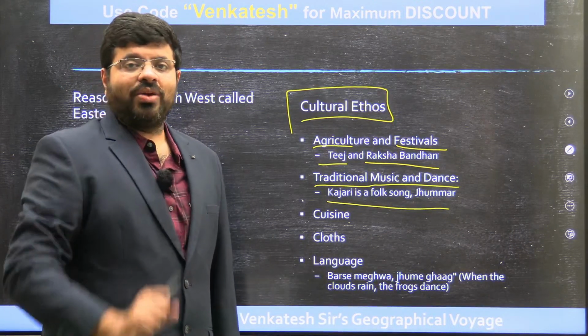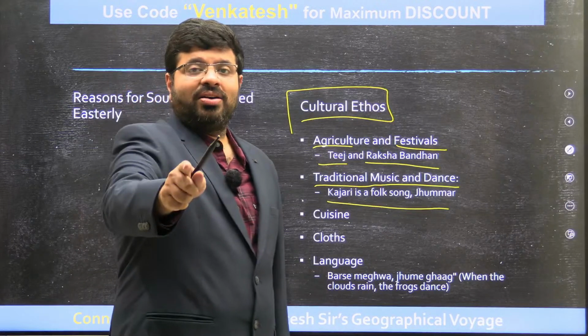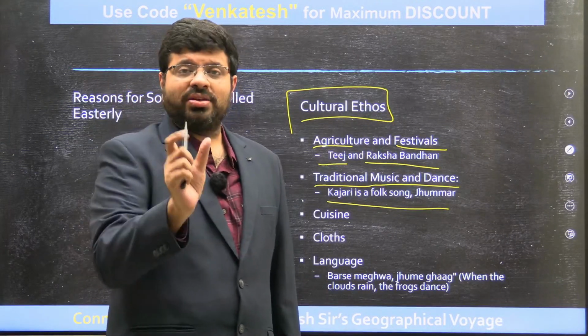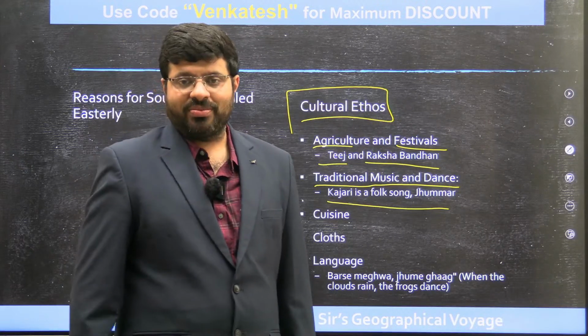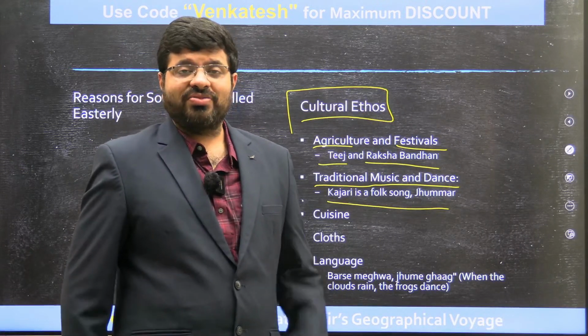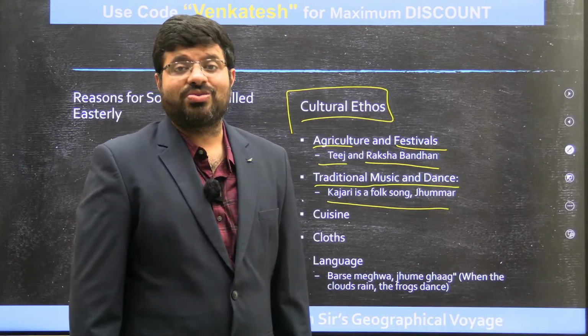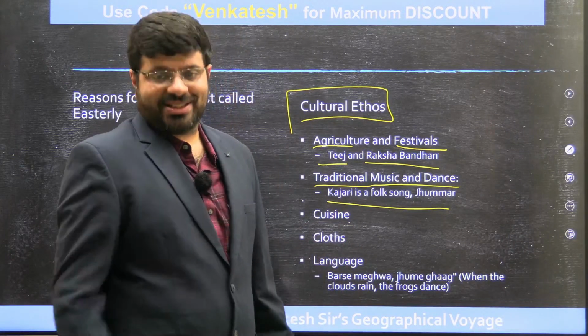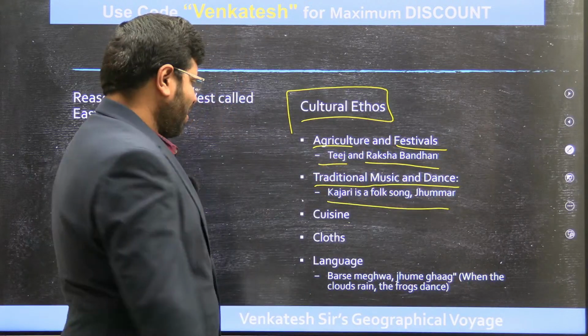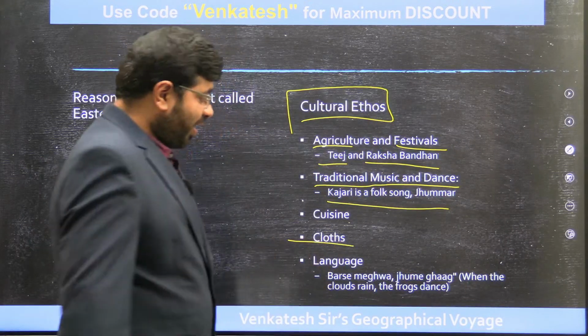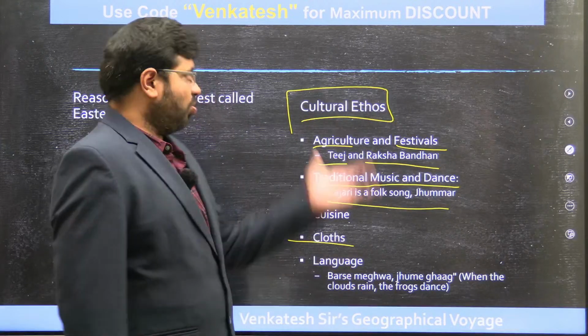All of you, one important thing: mention which region you are from, and a particular cuisine which is very famous in the months of the monsoons. Try to mention it in the comment section so that it will be fun. You'll be learning multiple things, right? The clothes which we wear, that is all culture.